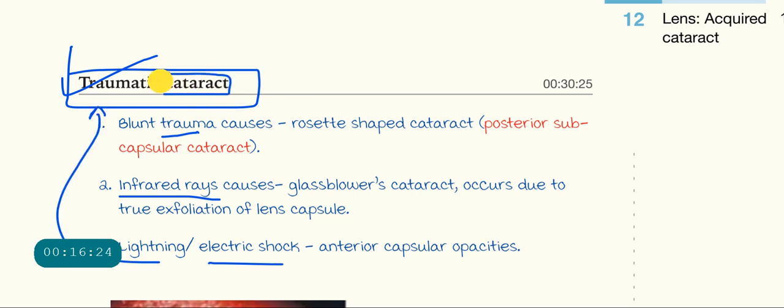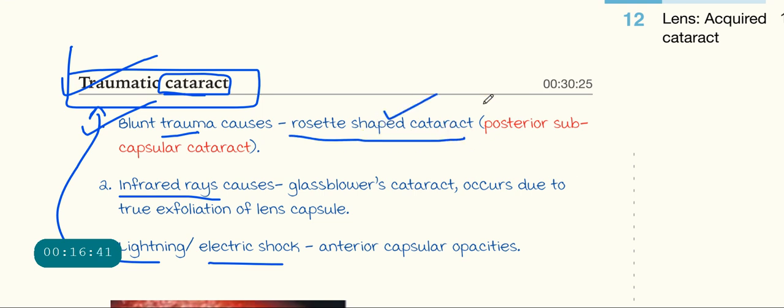The first is blunt trauma, which causes the cataract. And which type of cataract is formed by blunt trauma? It is rosette shaped cataract.